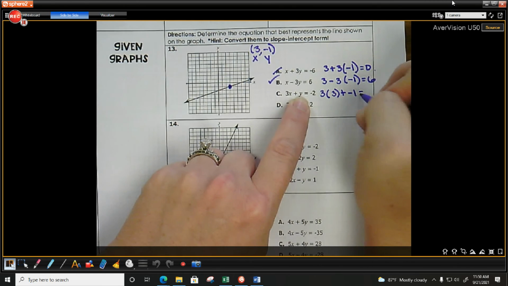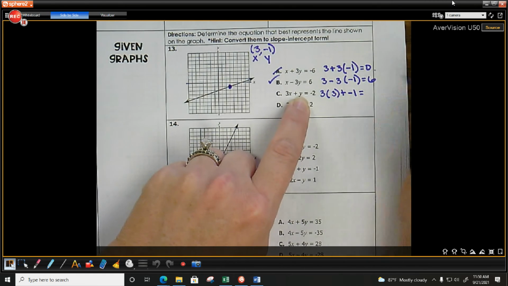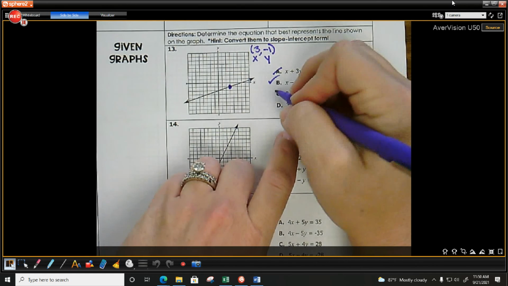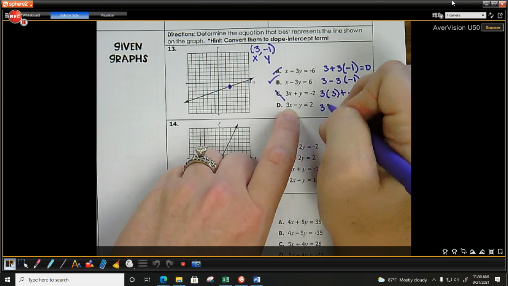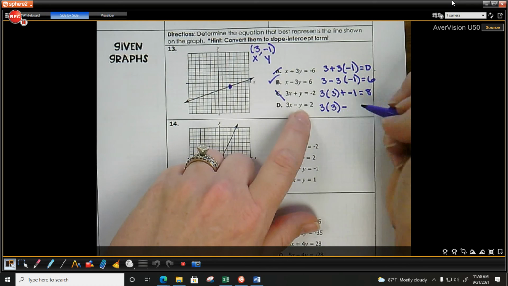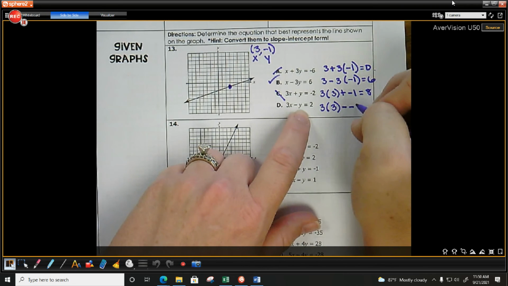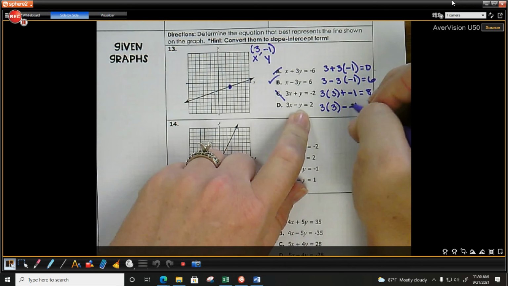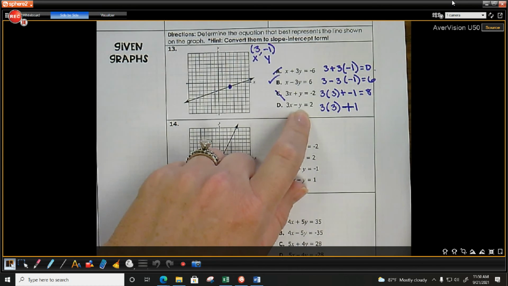Are those the same? No, can't be C. Let's try D. 3 times x, which is 3, minus y, which is negative 1. What do I do with my double negatives? Make it a plus. What's 3 times 3? Plus 1? This says equals 10, but this says equal 2. Are those the same? No.